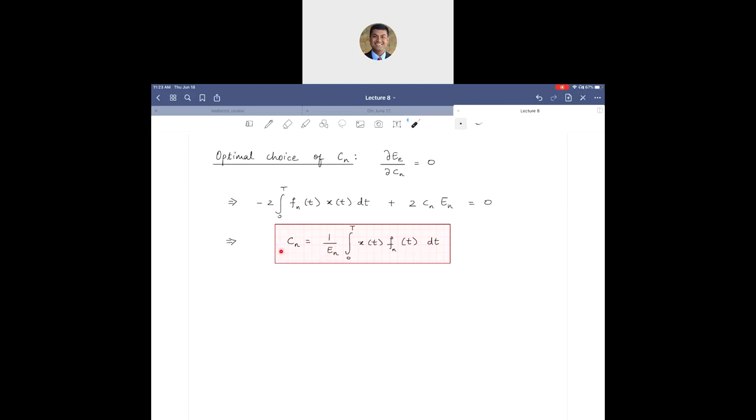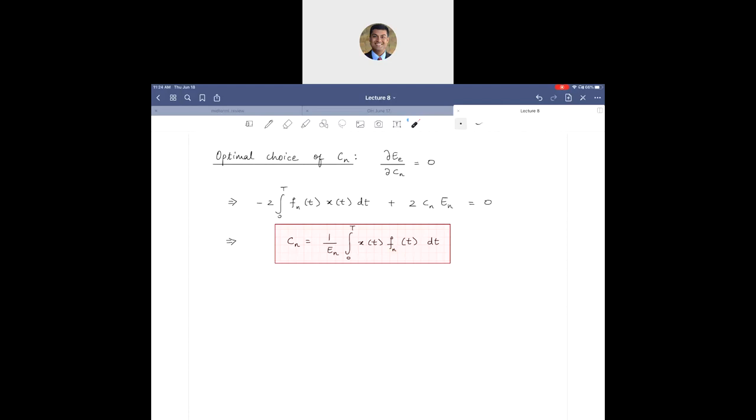C sub n, the coefficients corresponding to each of those orthogonal functions, are going to equal 1 divided by En. That is a scaling 1 divided by E sub n, where E sub n is the energy of the nth orthogonal function. Integration of 0 to T of x of t, the signal that you are trying to approximate or decompose into an orthogonal set of signals, multiplied by Fn. The Fn of t belongs to the set of orthogonal functions.